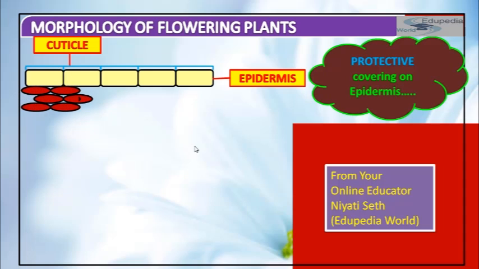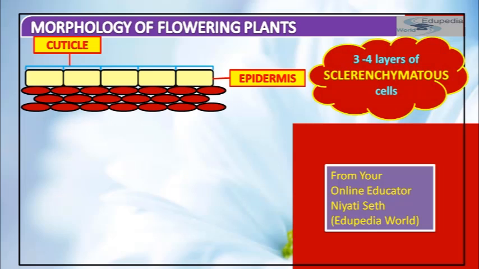Now, what is it? It is 3 to 4 layers of sclerenchymatous cells. Hypodermis is a region that lies immediately below the epidermis. Can you see that this hypodermis is lying just beneath the epidermis?